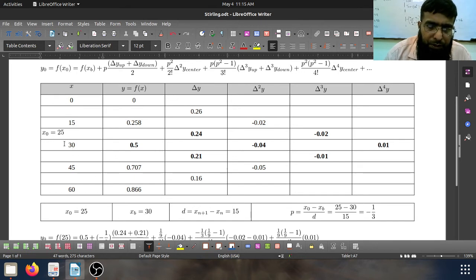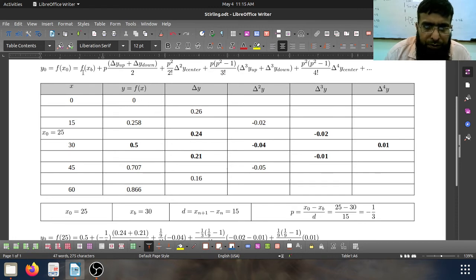So this is xb. D is constant, as we have told earlier. This is the difference between the given values of x in the table, which is 15 in this case, constant throughout. And p is x naught minus xb, 25 minus 30, divided by this difference d. It comes out to be minus 1 over 3 in this case.